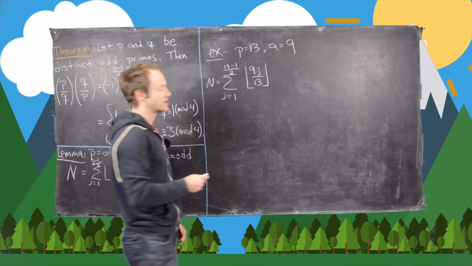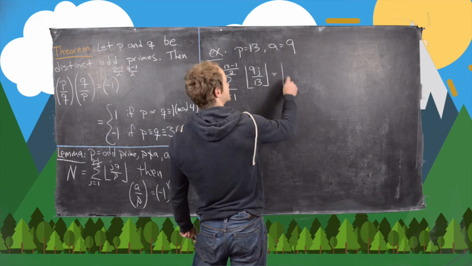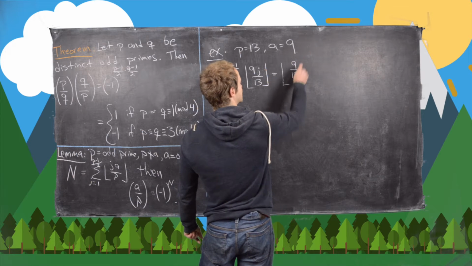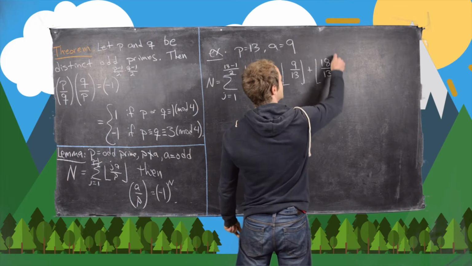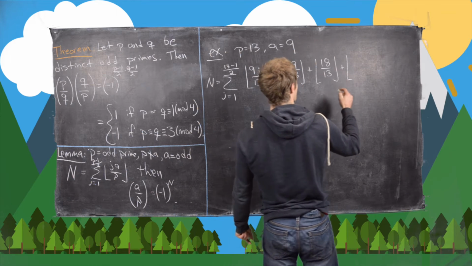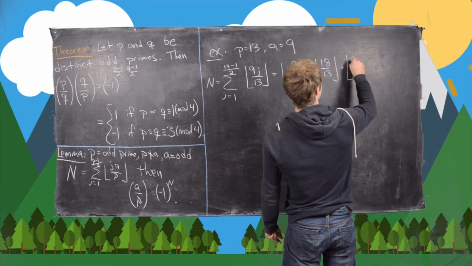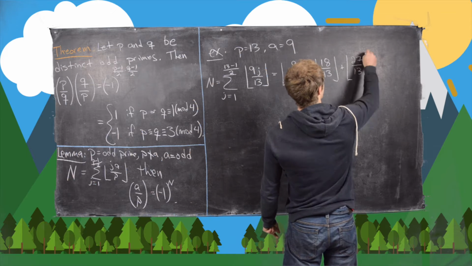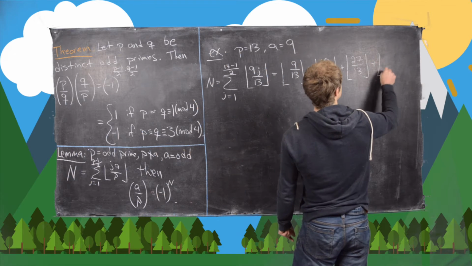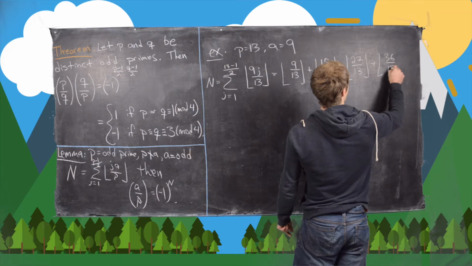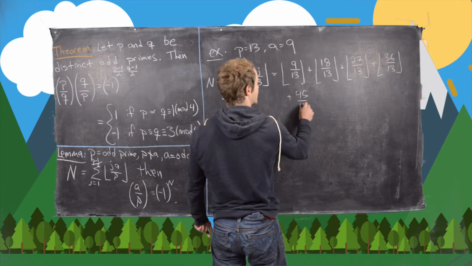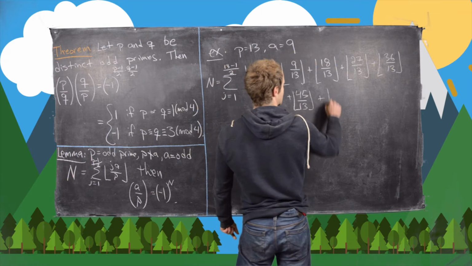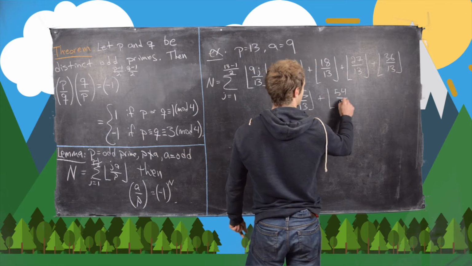Okay, good. Now notice that's equal to the floor of 9 over 13, plus the floor of 18 over 13, plus the floor of 27 over 13, plus 36 over 13, plus 45 over 13, plus 54 over 13.